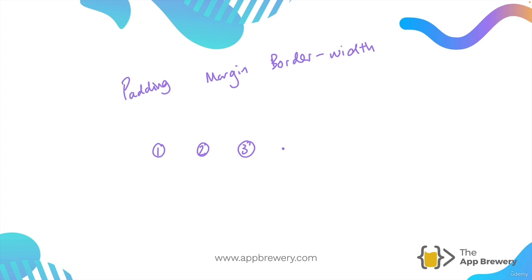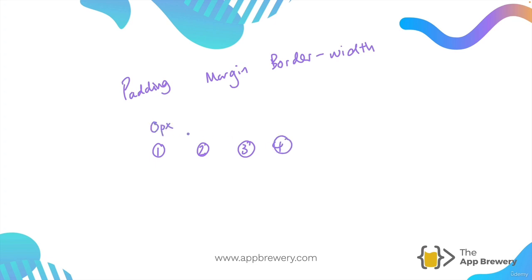The final thing I wanted to mention is that padding and margin, similar to what we saw for the border and also the border width, function in that same way where we've got 1, 2, 3, and 4 values that we can provide.